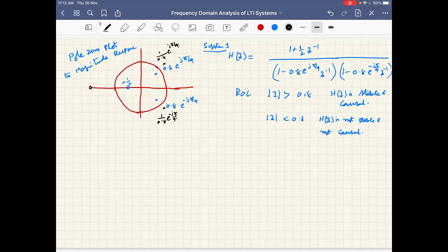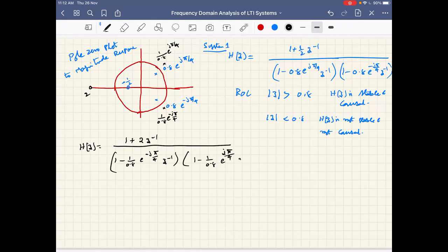I am putting the pole locations here, and the zero at minus 2. Now H of z is equal to 1 plus 2z inverse, divided by 1 minus 1 by 0.8 e power minus j pi by 4 z inverse, into 1 minus 1 by 0.8 e power j pi by 4 z inverse.